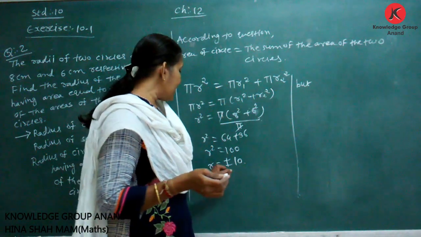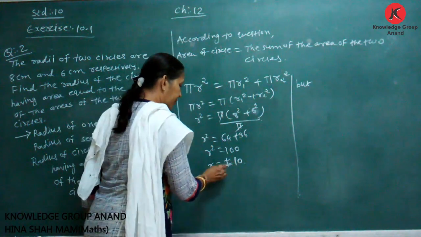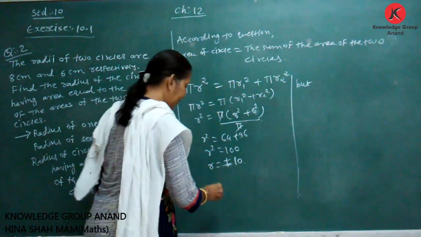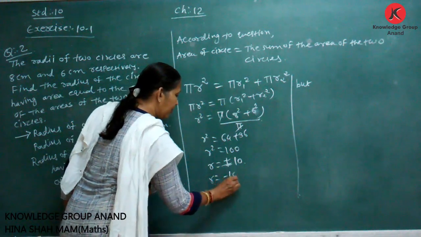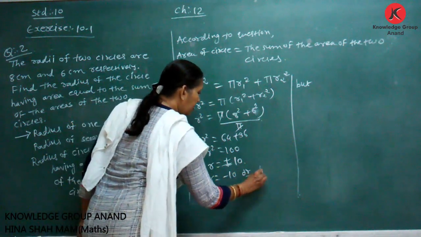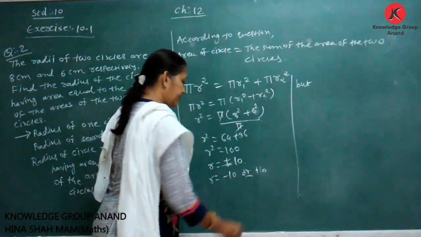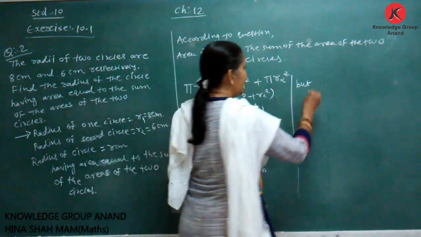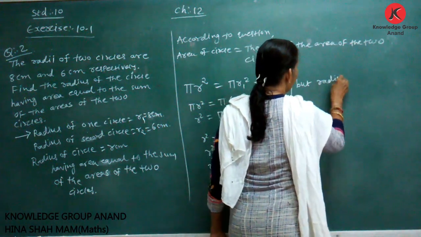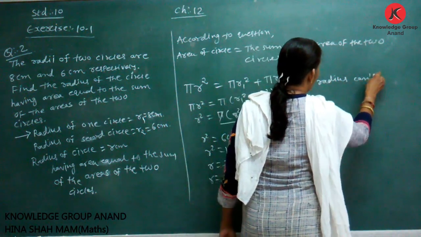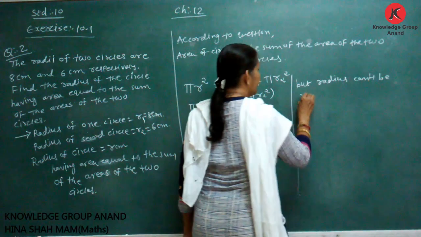But we know radius can't be negative. Plus 10 or minus 10. R is equal to minus 10 or plus 10. But radius can't be negative.